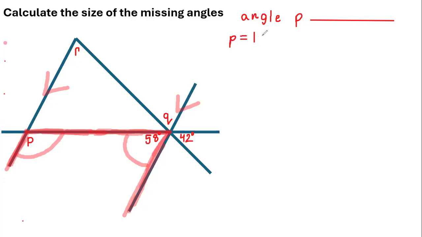P is equal to 180 degrees. Let me go ahead and use maybe a blue. Crimson, you understand how we got it?